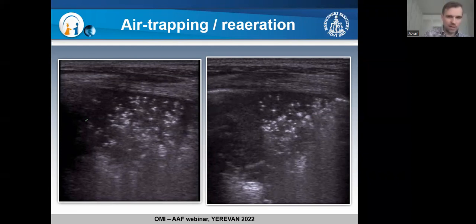So a lot of times when the child is getting better and this pneumonic consolidation is getting back air, you will see it look like this. So this is re-aeration of the lung. The lung is getting back from the consolidation.